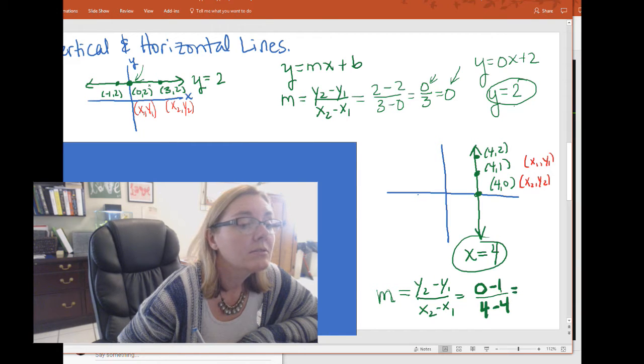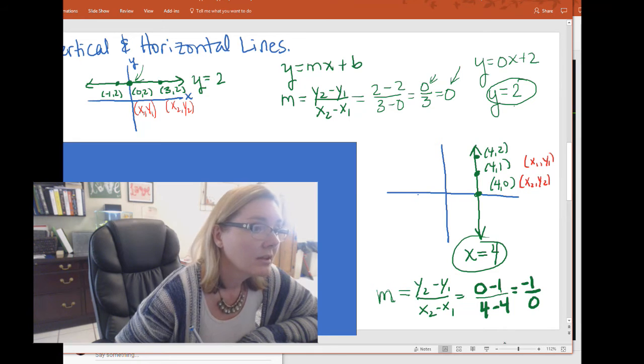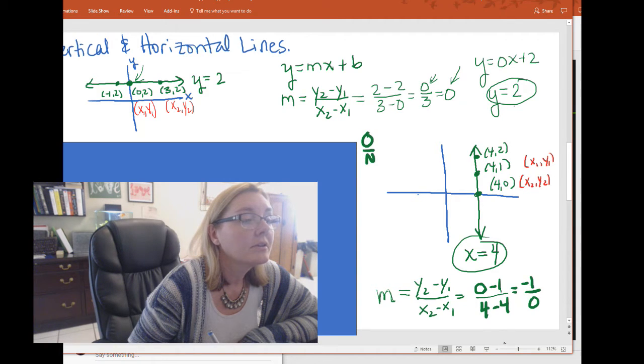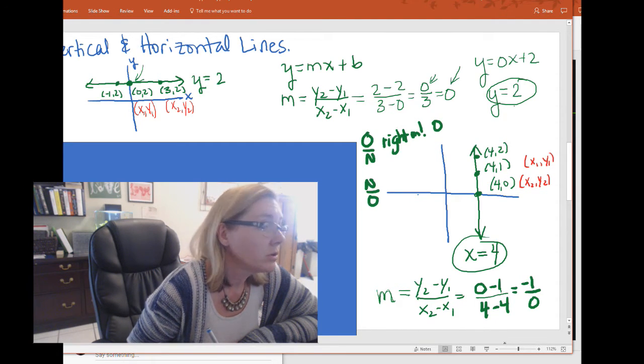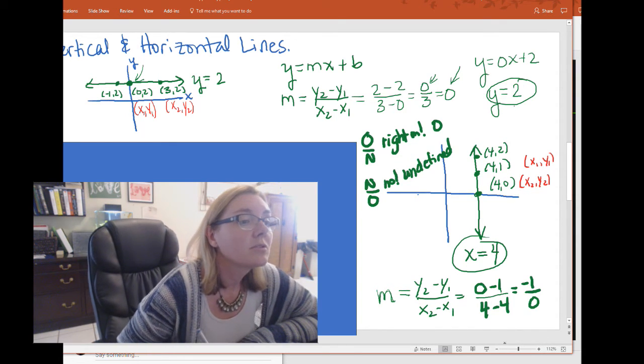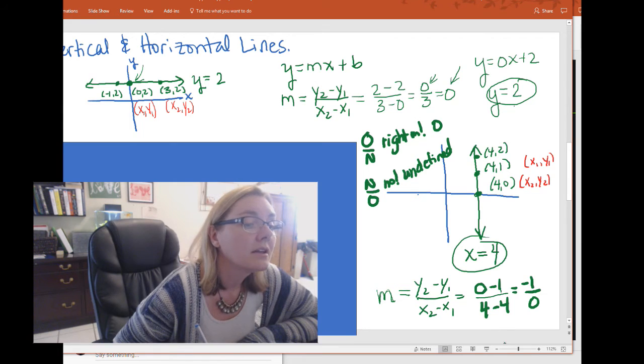Maybe you can see what the problem is here. I'm going to have negative 1 divided by 0. So remember, you can divide 0 by a number: 0 divided by a number spells 'on for right on.' You can do it. You get 0. But a number divided by 0 spells 'no.' You can't do it. So that means your result is undefined. The slope of this line is considered undefined.